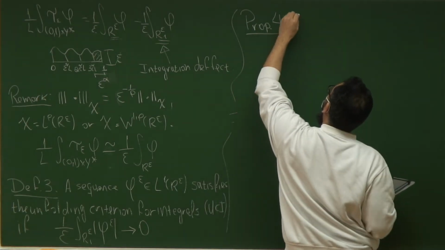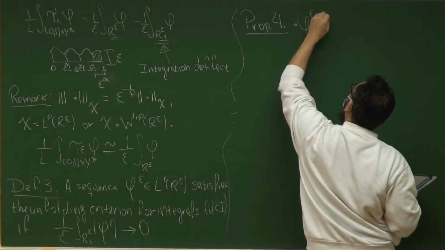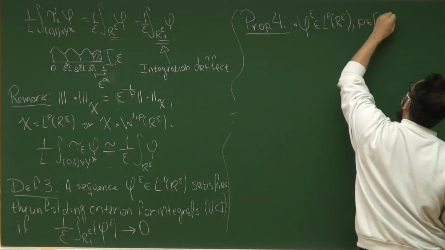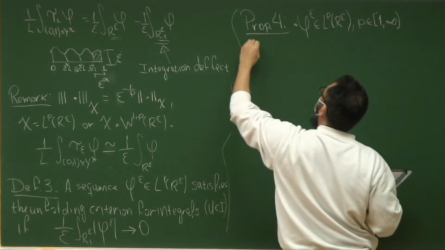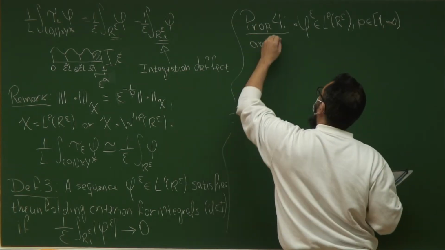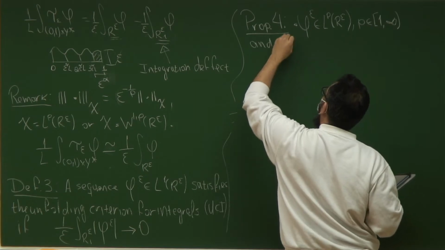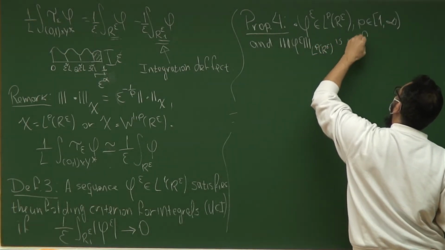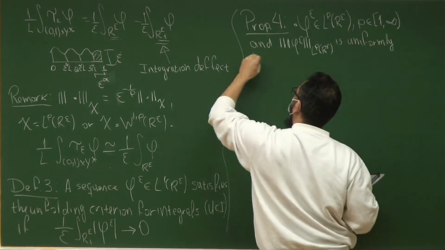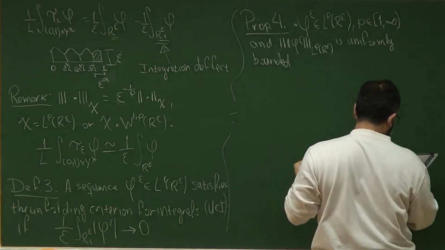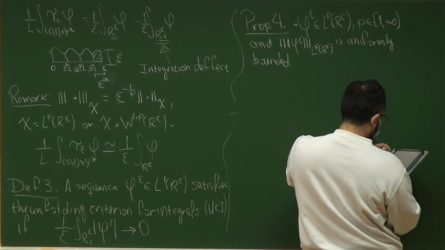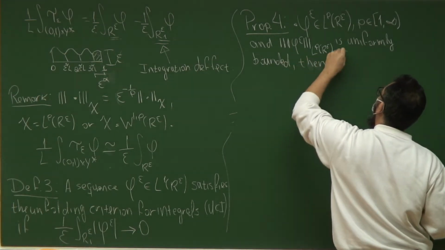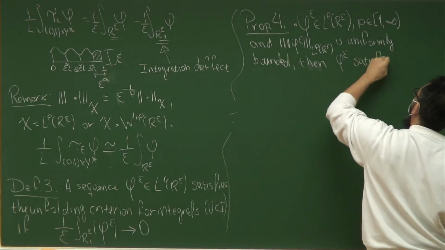The first one: if phi epsilon is in LP of R epsilon with P between 1 and infinity, and the triple bracket norm of phi epsilon in LP is uniformly bounded, so okay, then phi epsilon satisfies UCI.